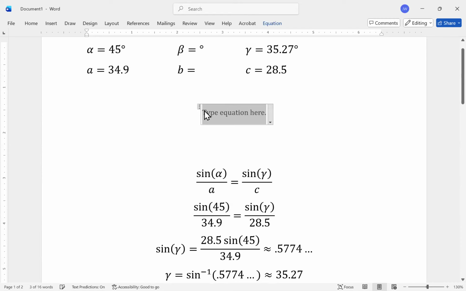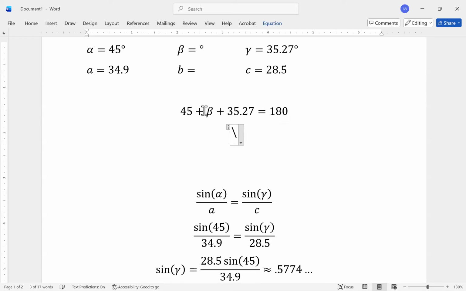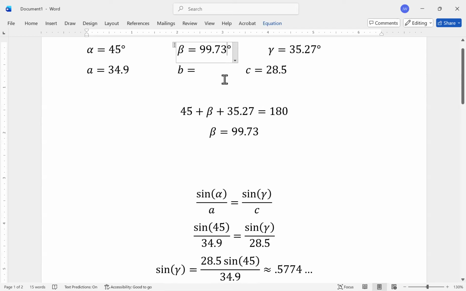So 45 degrees plus beta plus my gamma, which is 35.27, has to be equal to 180 degrees. That means the beta value in this case has to be 99.73. So 99.73 is the only beta value that works.